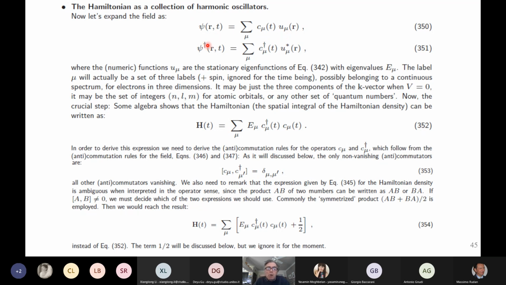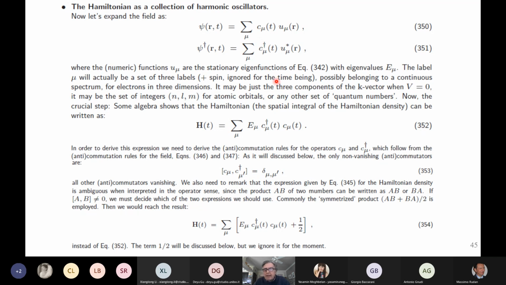And the momentum density, which is i h bar times psi dagger, is given by the same expression where these C's now are psi daggers, and I take the complex conjugate of the u. Again, u are C functions, complex valued functions, and the C, I view them as operators in my expansions.